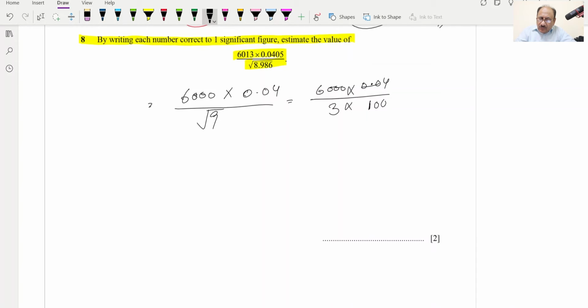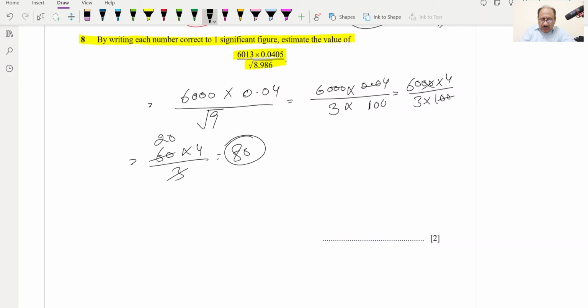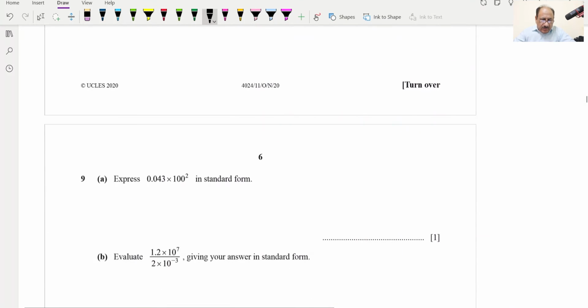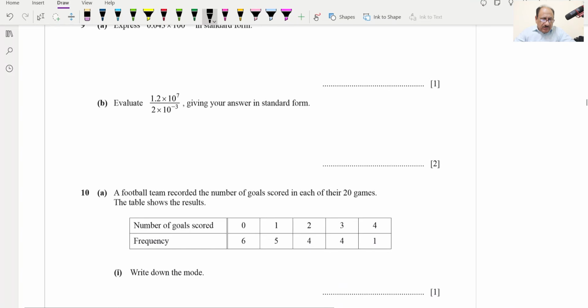And now our question will be this one over 3 into 100. 2 zeros will be cancelled with 2 zeros, and we will get 60 into 4 over 3, and 3 can also be cancelled, and this will be 80. Our answer will be 80 for a 2 marks question. Hopefully you understood this.